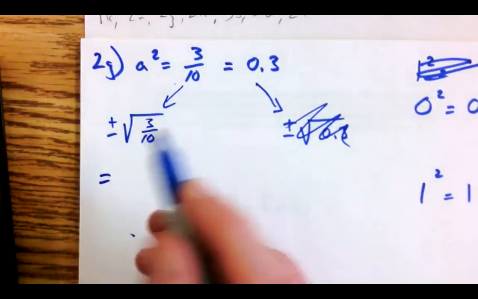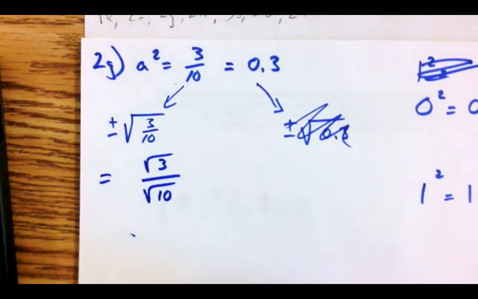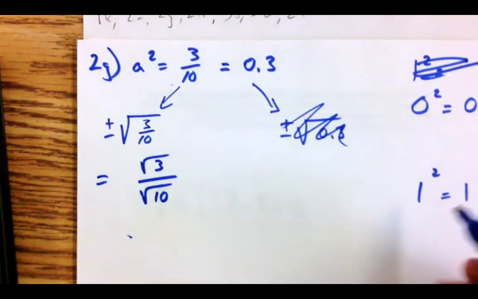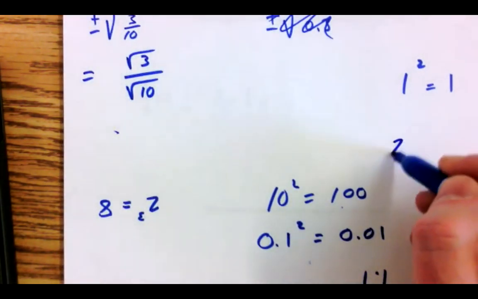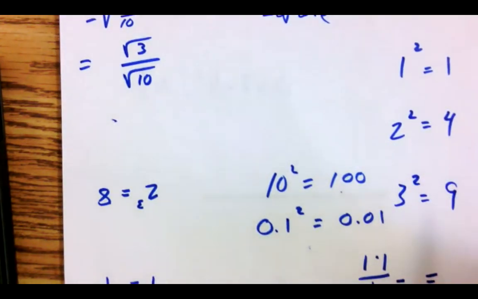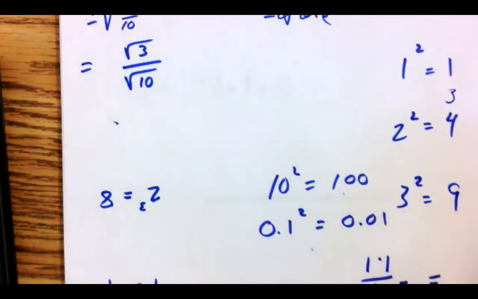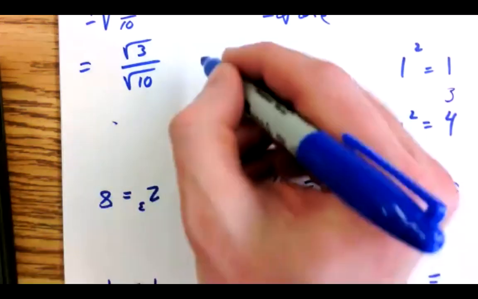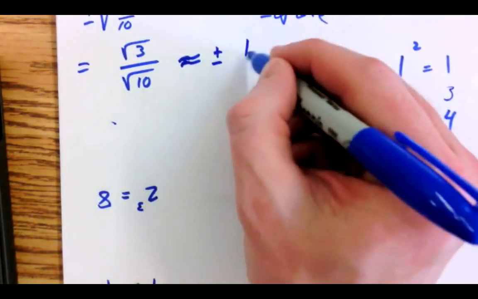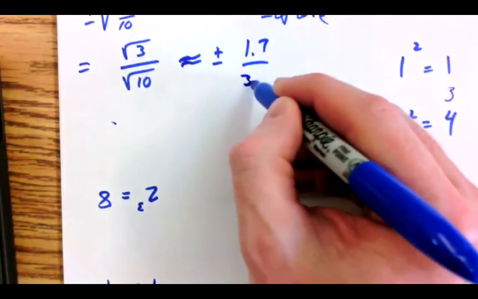So over here, the root of 3 over the root of 10 is probably the easiest way to look at it. 2 squared equals 4. 3 squared equals 9. So 3 is in between, around 1.7-ish. So this equals around 1.7 over, and then the root of 10 would be just over 3, like 3.1.